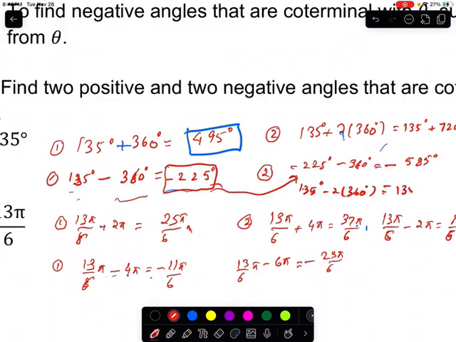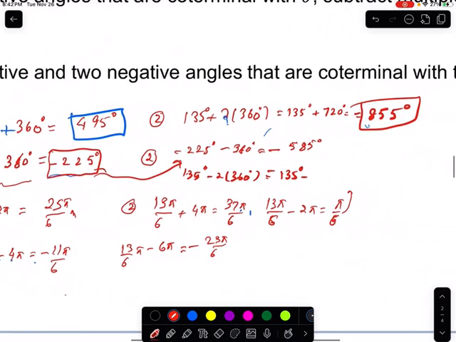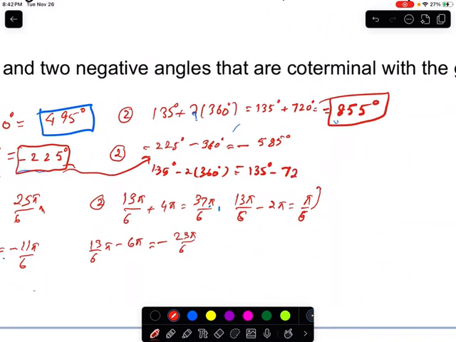you will end up getting 135 minus 720, which is 720 minus 135. 11 minus 3 is 8, and 6 minus 1 is 5.